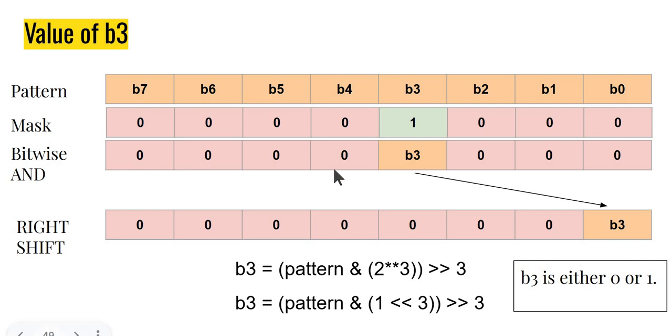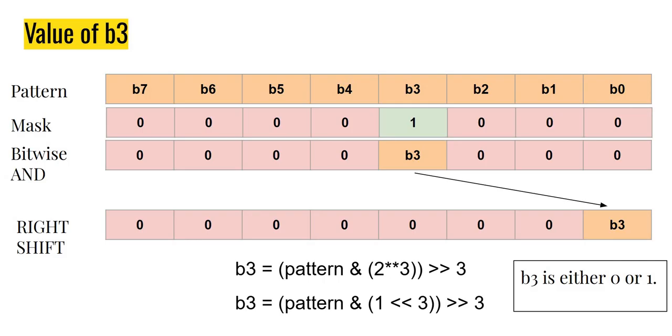Now, I can then right shift this by 3, and I'll have my B3 coming over here, all zeros elsewhere, which means that the outcome of this right shift will be again either a 0 or a 1. If it's 0, then I know B3 was 0. If it was 1, then I know B3 was 1.